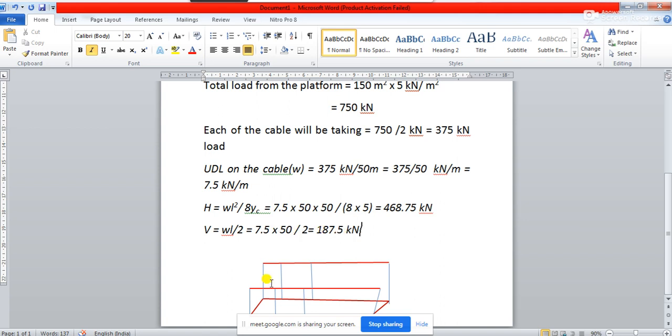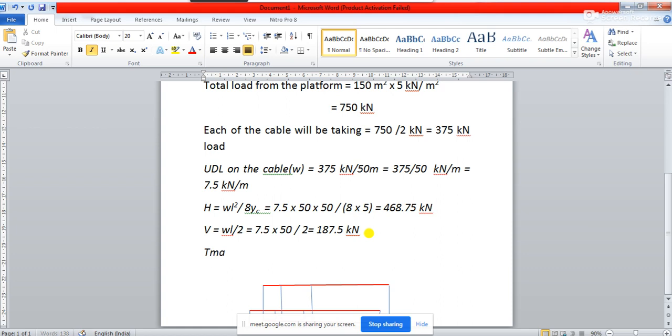So this is the horizontal force and vertical force you are getting in each cable. So what will be the tension component? You remember what T max we have calculated.